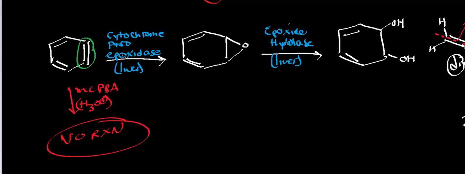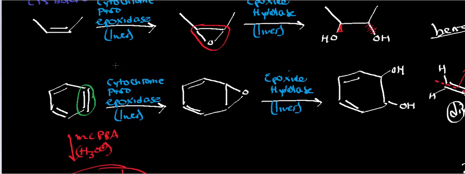So cytochrome P450 epoxidase, liver enzyme, the same one that I talked about in the previous video and up here. So it's able to take this double bond, and what does it do? It does exactly what we saw before. It forms an epoxide.